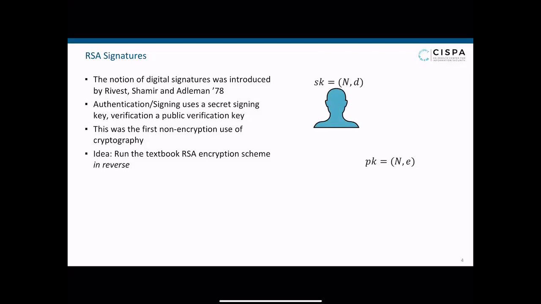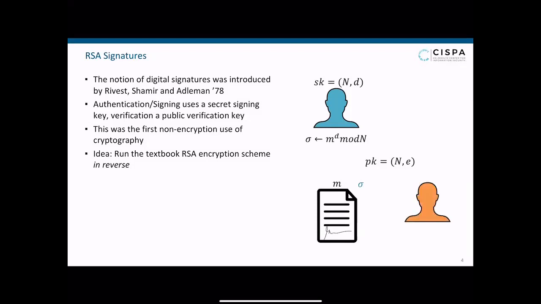Instead of first encrypting and then decrypting, they said, oh well, let's take a message, let's say M, and just decrypt it first, right? There's nothing that stops you from this, computing M to the D mod N using the secret key D.